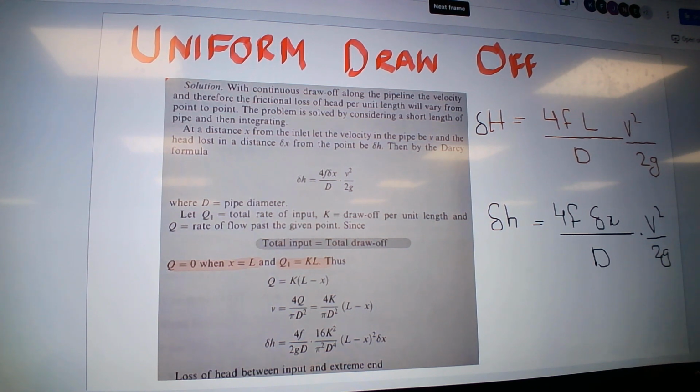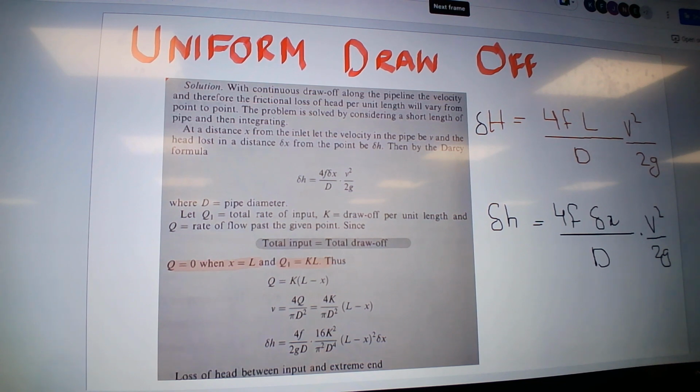Now I want to find out the Q at other points. So I can say Q equals K bracket L minus x, because that will be the remaining length. The total length is L, and if I'm at length x, the remaining length is going to be L minus x.